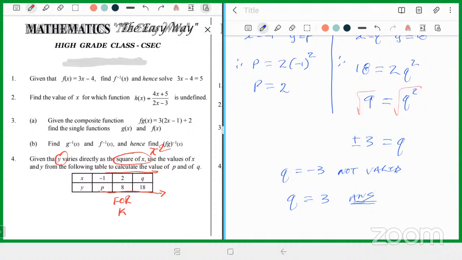Remember, if it's a direct variation, then the two variables are increasing at the same time, or the two variables are decreasing at the same time. If it's an inverse variation, then when one value increases, the other decreases. And so you have to look at the scenario and make sure you choose the correct answer when the possibility exists that it's one of two answers.